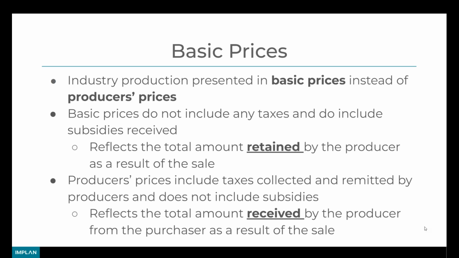So when valued in producers' prices, the value of the sale includes taxes collected as part of that sale that are later remitted by the producer to the government. It also does not include subsidies. As we'll talk about more later, this treatment of taxes and subsidies results in differences in how an industry's value added is reported.